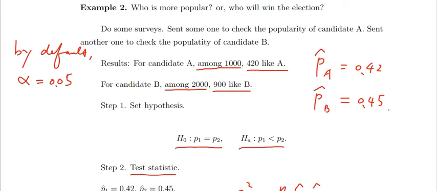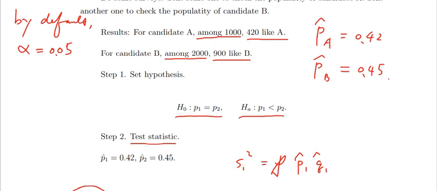We still believe the two candidates have the same chance to win the election. So this is how we use the p-value to make our decision.